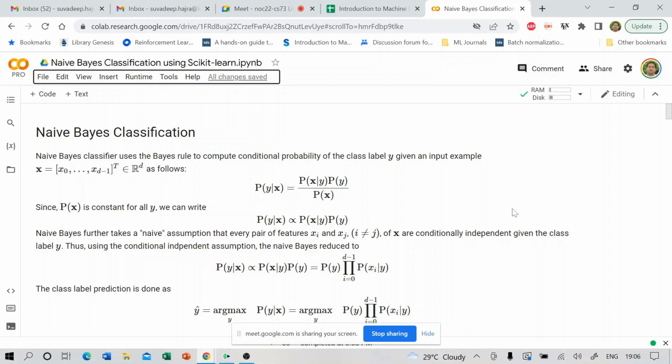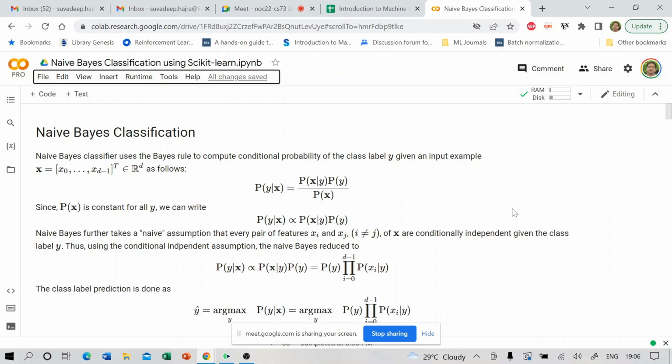Name a distribution which models real numbers.